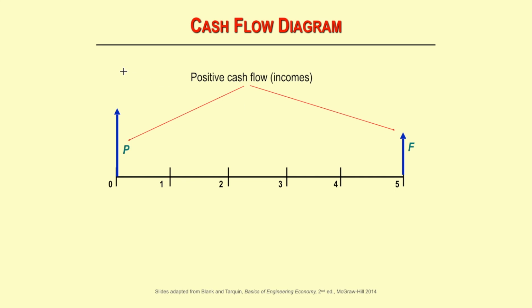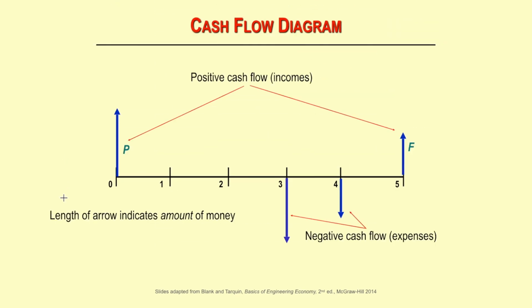So conversely, if I want to draw a negative cash flow, that means money that is flowing out of the system, you draw them by using arrows pointing downwards. So arrows that are pointing downwards indicate negative cash flow, that means cost or expenses. And one final thing to remember is that the length of the arrow indicates the amount of money for that particular cash flow.